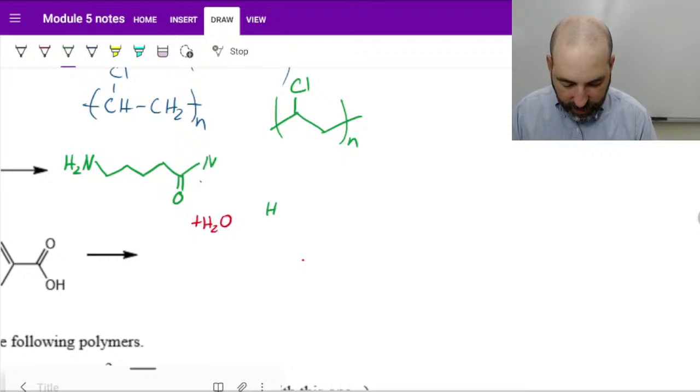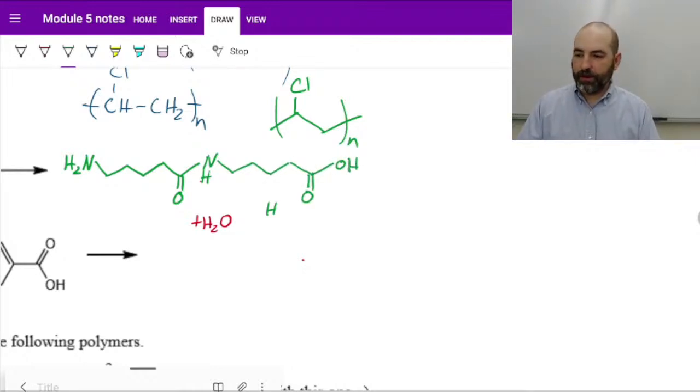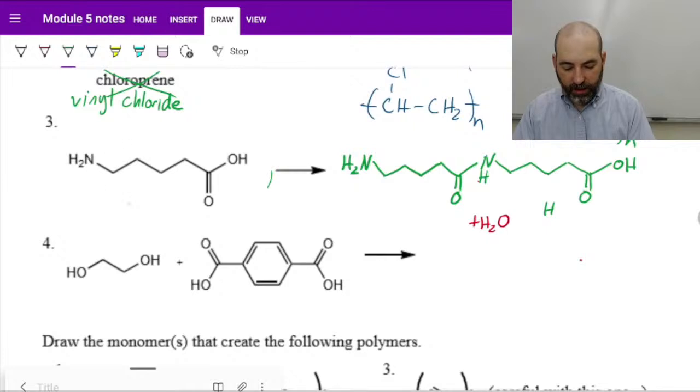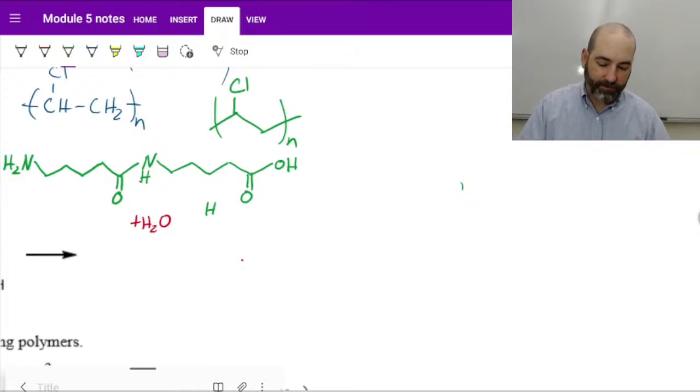So there's my N there. Okay, and so that's 2 units of the polymer. So if I want to do a third one, I just take that monomer molecule again and put it right next to the other one over here and connect them in the exact same way, and then do it again. And that would be 4.